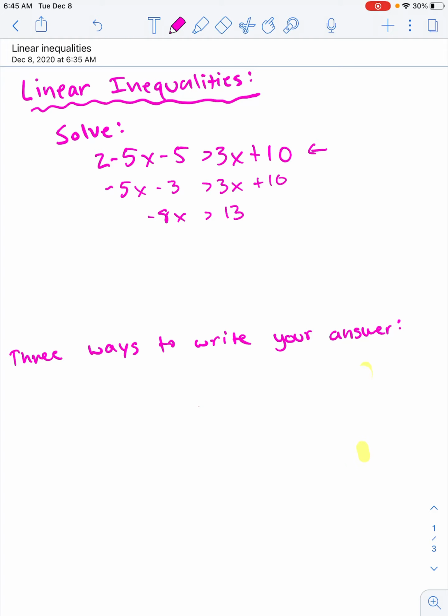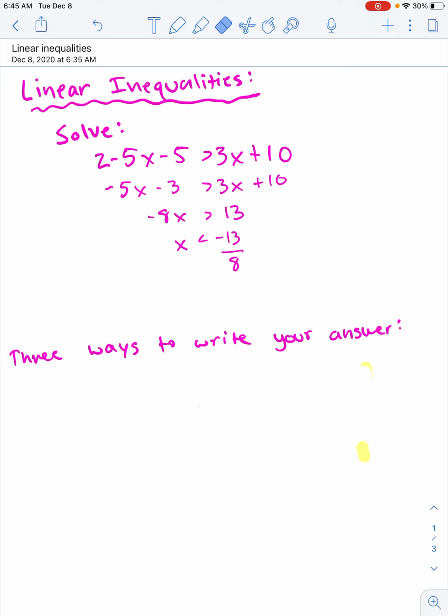But you have to remember that when you divide by a negative number with inequalities, you have to flip the sign. So this is a less than, but I'm flipping it when I divide by -8, and I get x is less than -13/8. It's kind of a gross number, but that's okay. So that's pretty much just like solving an equation.